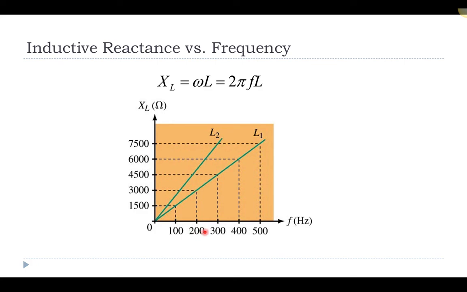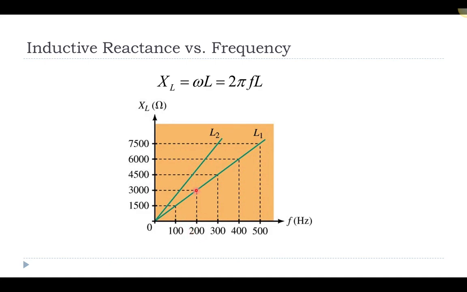The other thing that's true is that for a set frequency, let's look at 200, right? Depending on the inductance, you'll have a different amount of reactance. So the larger the inductance value, the bigger the resistance is going to be. So here I'm at 200, right?